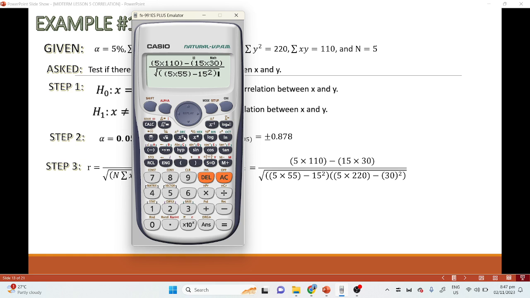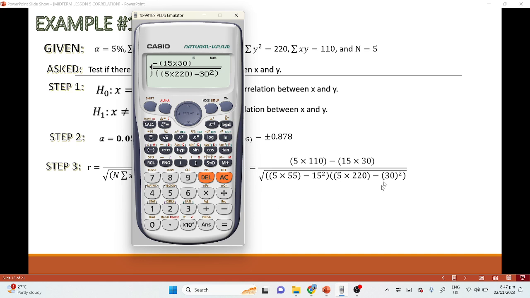Okay, then after that, you need to put double open parenthesis, 5 multiply by 220, close parenthesis minus 30 squared naman tayo. Okay, then close parenthesis mo na siya.